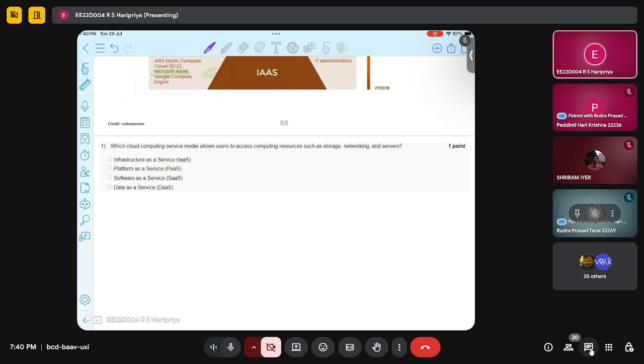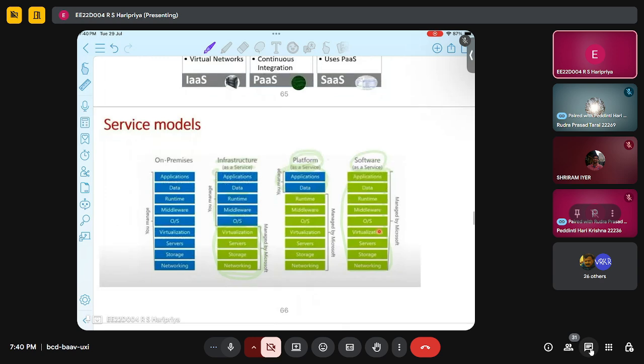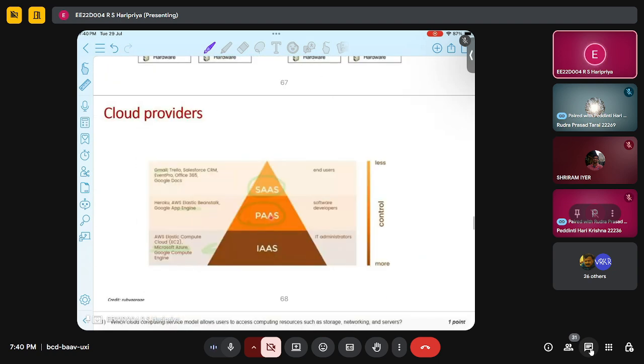Which cloud computing service model allows users to access computing resources such as storage, networking, and servers?